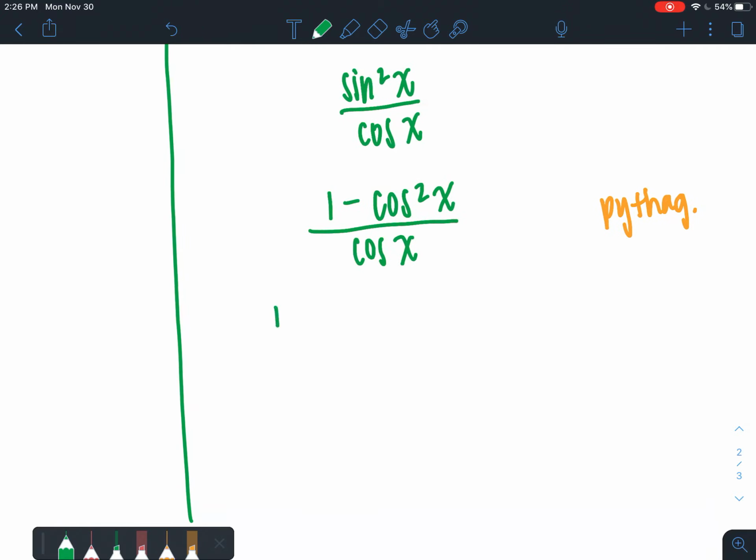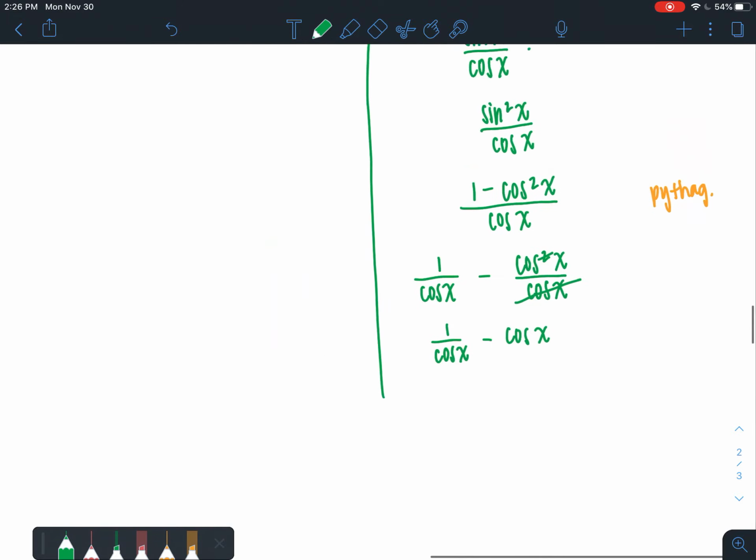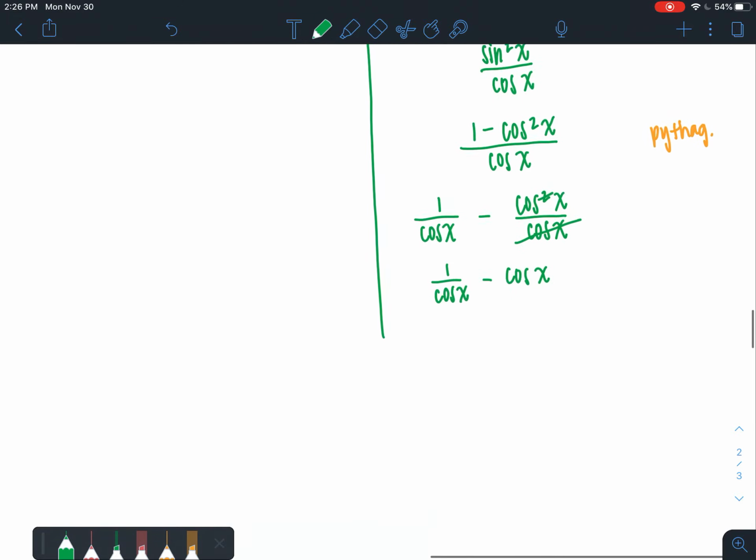Then let's split that fraction to be 1 over cosine of x minus cosine squared x over cosine of x. That was just fraction work there. And then this is going to cancel with that. So I have 1 over cosine x minus cosine of x. Where am I headed? I want secant minus cosine.